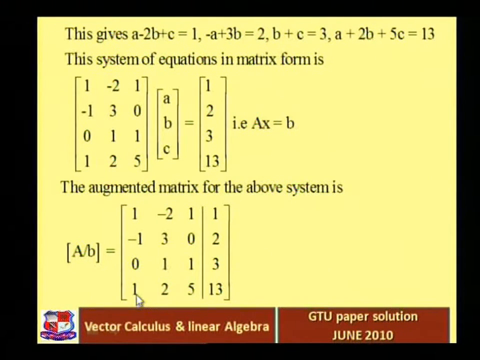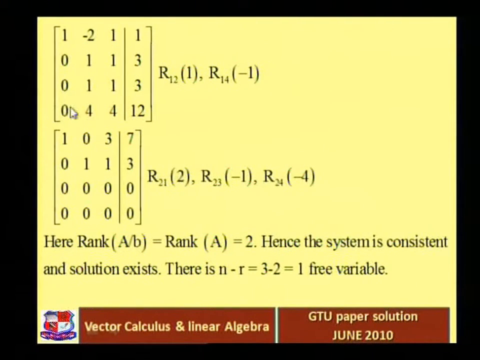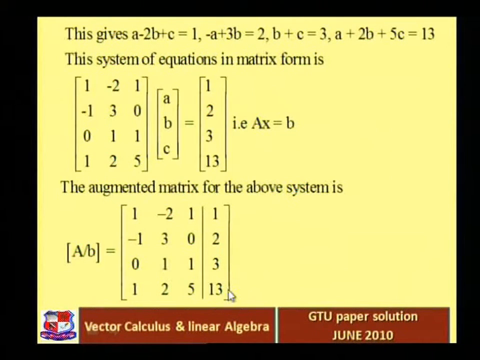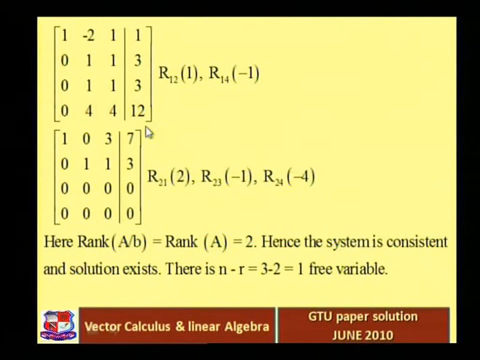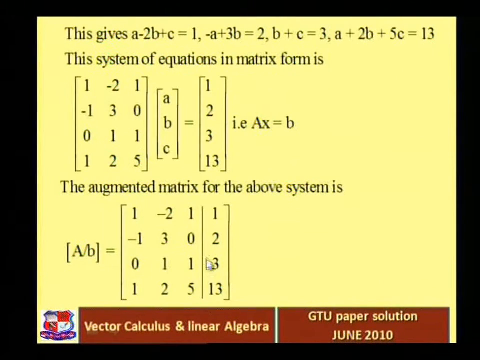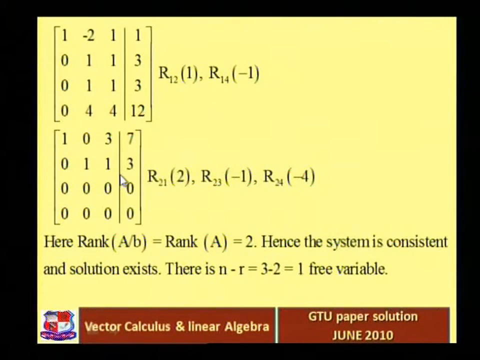So you will get 1 minus 1 0, 2 plus 2 is 4, 5 minus 1 is 4, so 0 4 4, and this is 13 minus 1, that is 12.